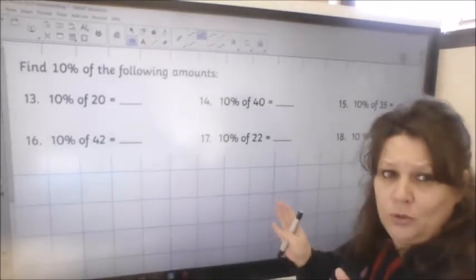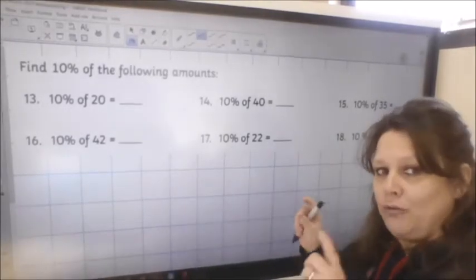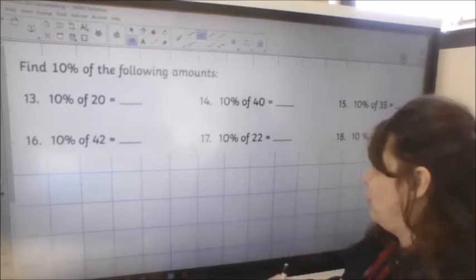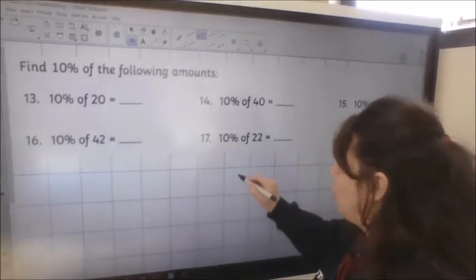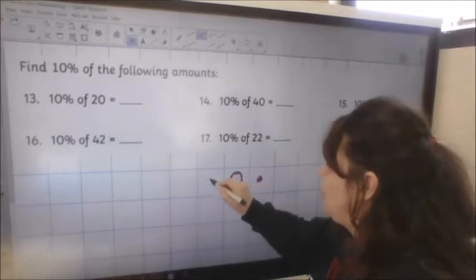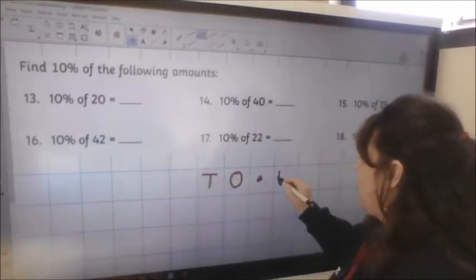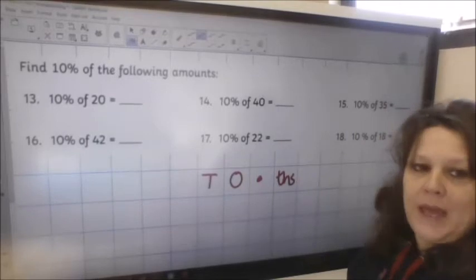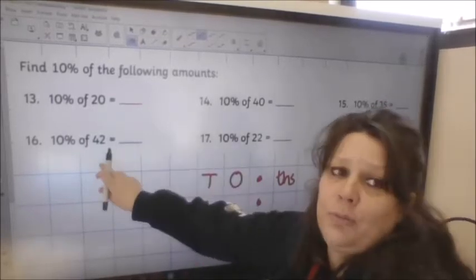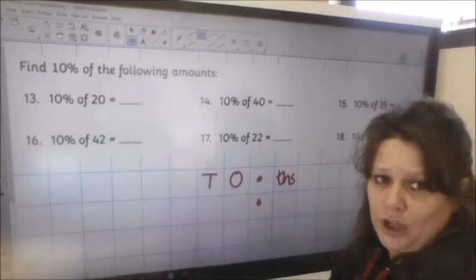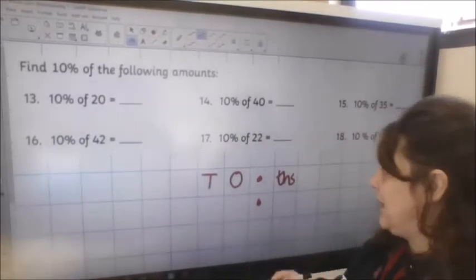So I'm going to show you that. Just to remind you about the grid that can help you. Decimal point there. We've got ones, tens, then we've got tenths there. I'm going to do number 16, 10% of 42. 42 divided by 10.